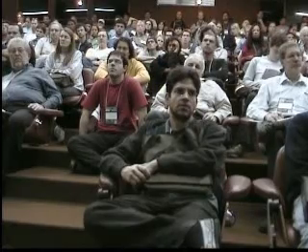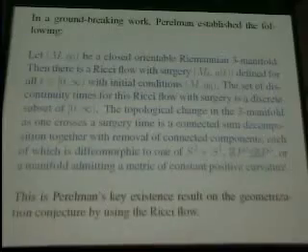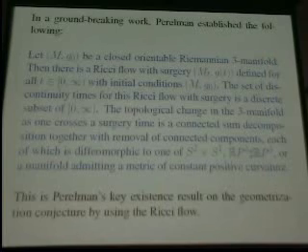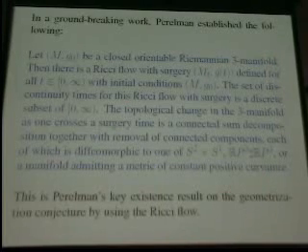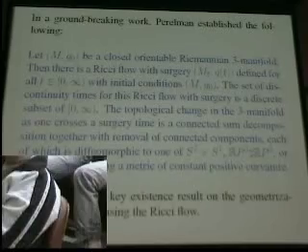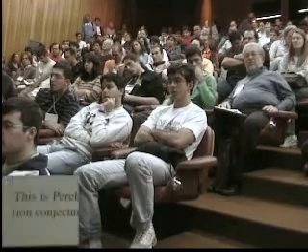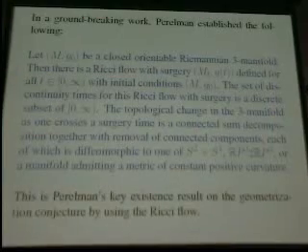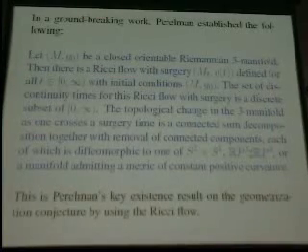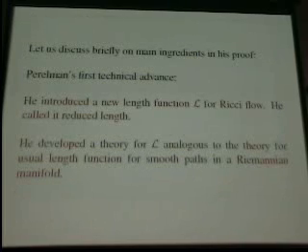Basically, with this existence theorem, what you do is apply it to a three-manifold, analyze the limiting behavior, and see whether you can prove the geometrization conjecture. Now let me discuss briefly the main ingredient in his proof.